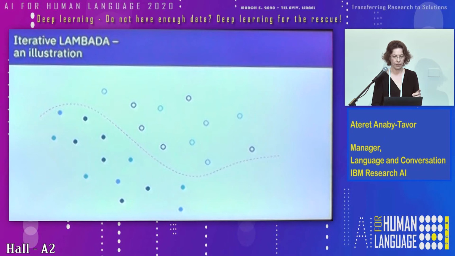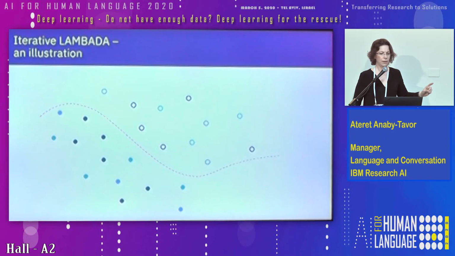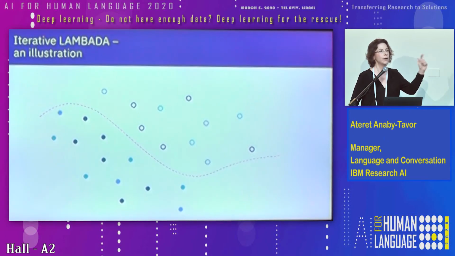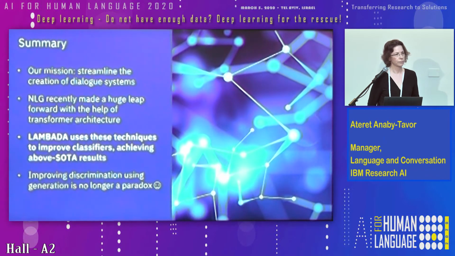So let me emphasize the idea. For a generated sample, even though the classifier labeled it correctly, and we consulted with the classifier before we added that sample to the training set of the classifier, the classifier got better after we added that sentence. But doesn't it create a certain bias?